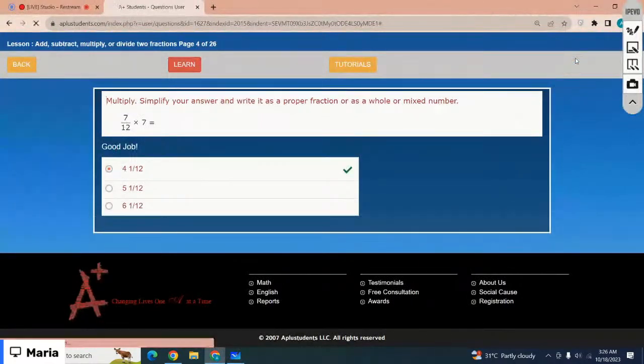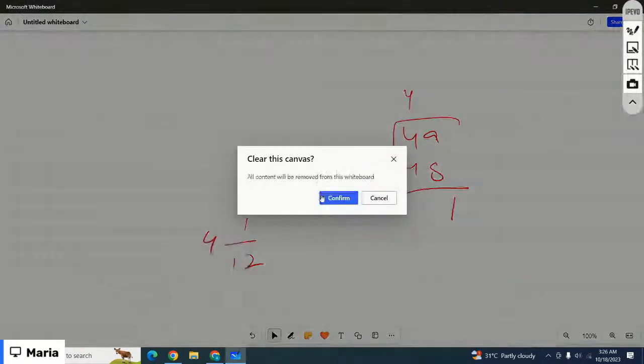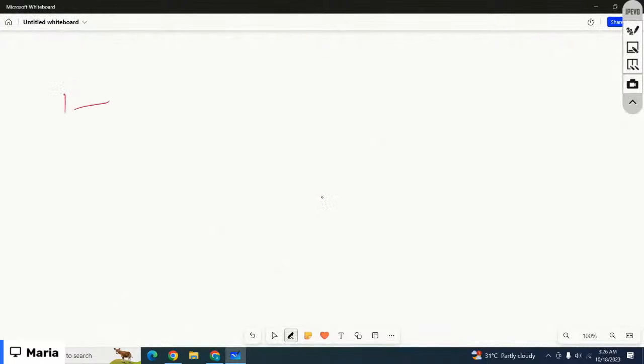Okay, the next one is 1 whole 1 over 3 divided by 1 whole 1 over 2. Let's just divide. Convert them to improper fractions, right? 3 times 1 is 3 and 1 is 4 over 3. 2 times 1 is 2 and 1 is 3 over 2, right? Let's replace the division sign with multiplication and take the reciprocal. That would be 2 over 3, right?